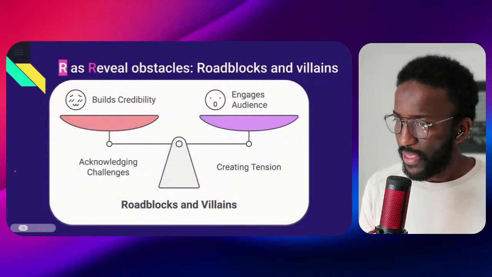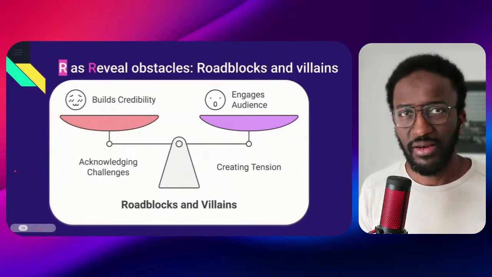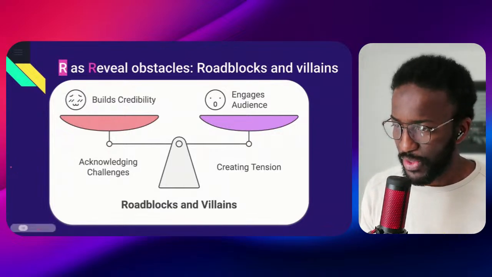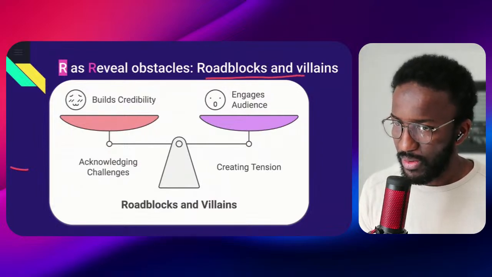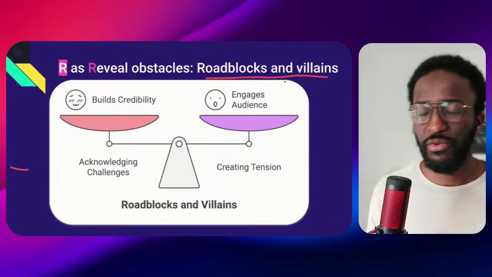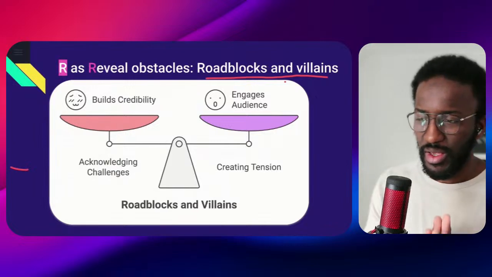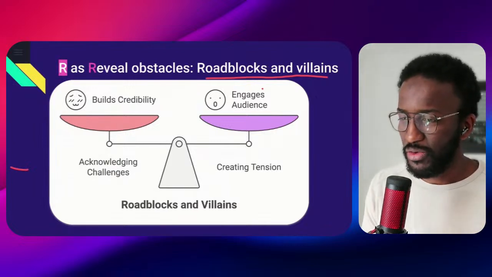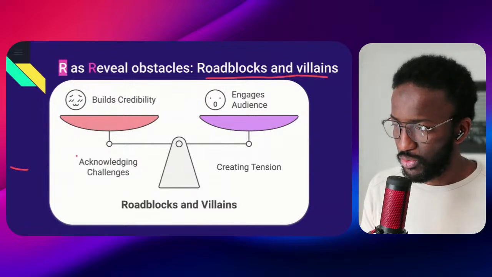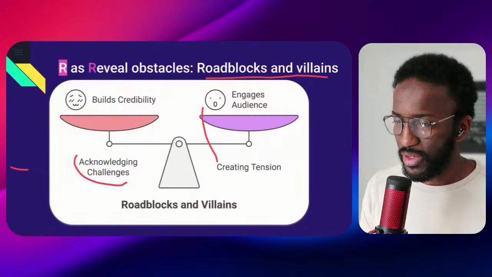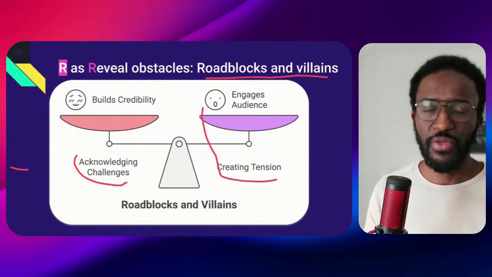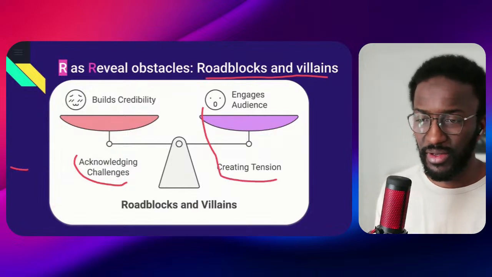Okay, so for kids, reveal obstacles, I try to phrase it as roadblocks and villains. For kids, you have to acknowledge the challenges in order to build credibility, and you have to engage your audience by creating tension. This is really important for kids.